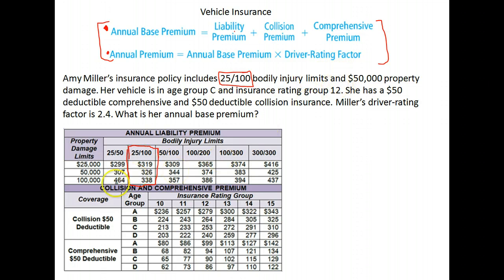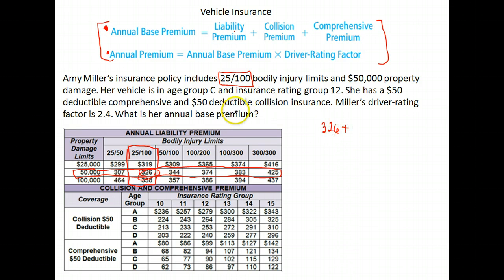She wants a $50,000 property damage limit. So here's the $50,000. We need to look across here. For $50,000, here are all the prices depending on what type of coverage you want. Again, she wanted the $25,100, so that would be this number here. So for her liability premium, it's $326.